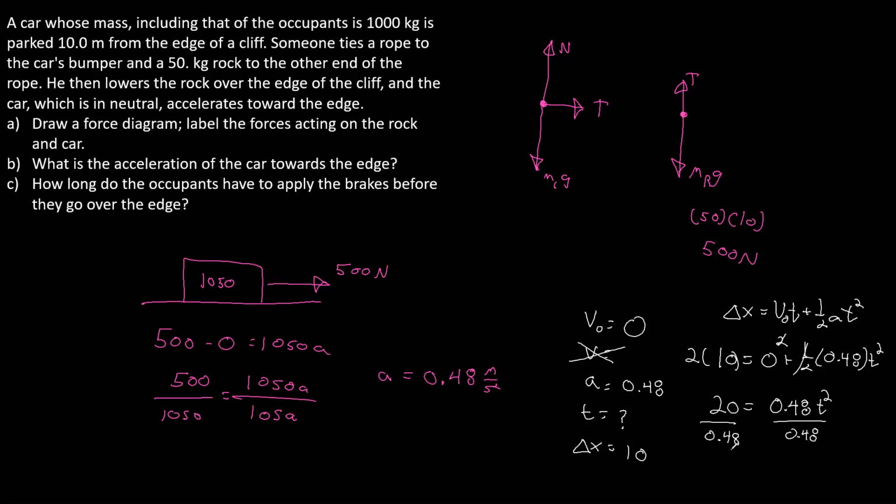And I get 20 divided by 0.48 is 41.67 is equal to T squared. And I take the square root of both sides, and I get that time is 6.45 seconds.